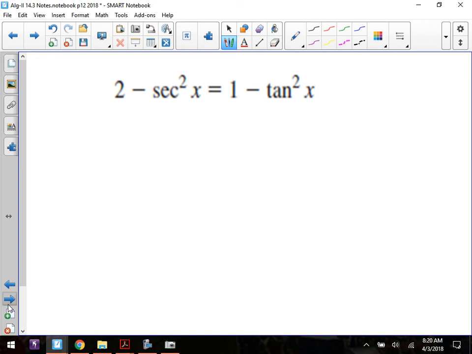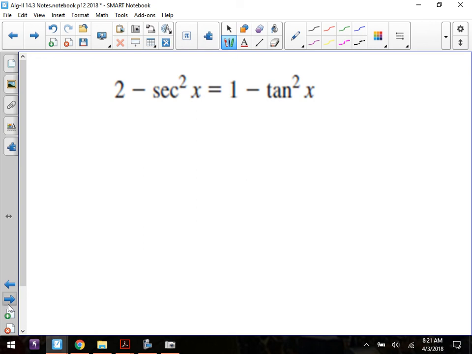So remember, we have our identities. Sine squared plus cosine squared is 1. 1 plus tangent squared is secant squared. And 1 plus cotangent squared is cosecant squared. Okay.